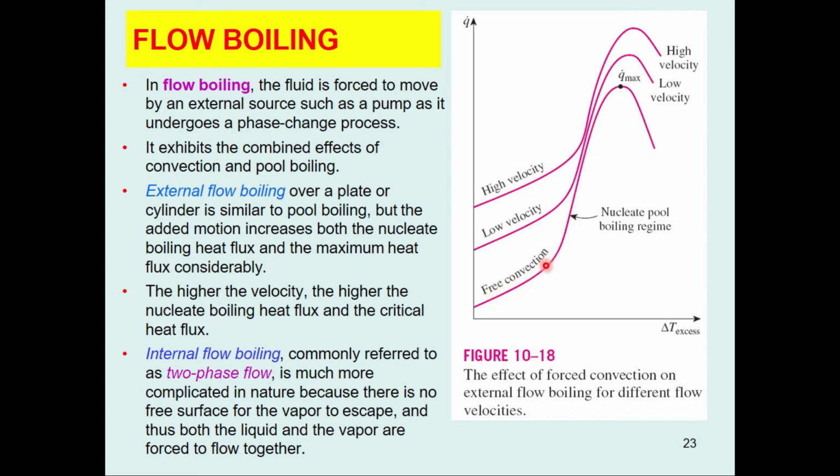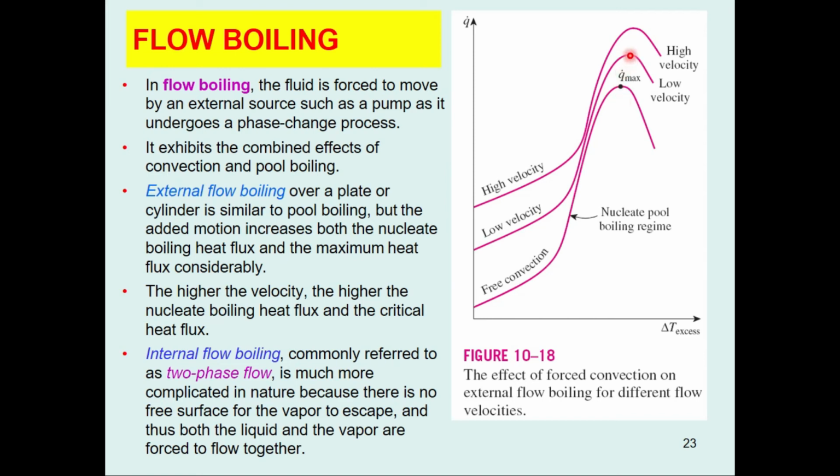But what will happen if we slightly increase the velocity? First of all, the boiling heat flux increases in the nucleate boiling regime, right? So this is the second curve, slightly higher in the nucleate boiling regime, and for the second curve with the slightly higher velocity, the Q maximum will be higher compared to the free convection regime, right?